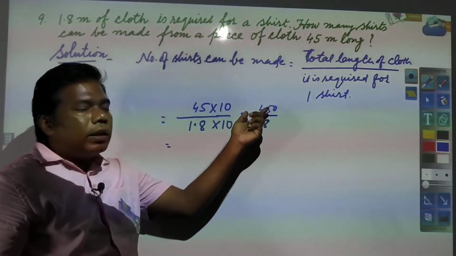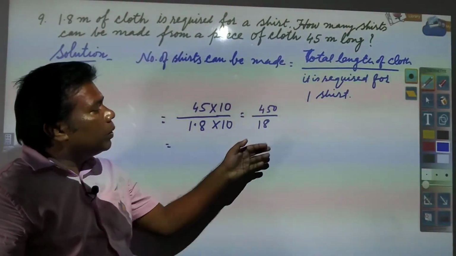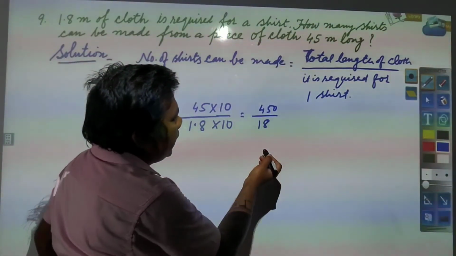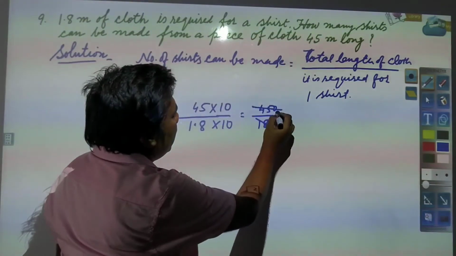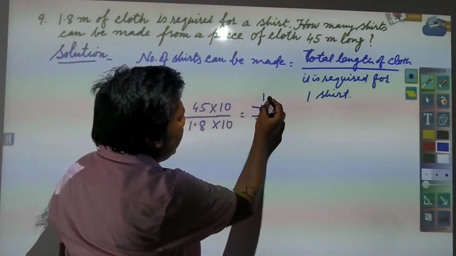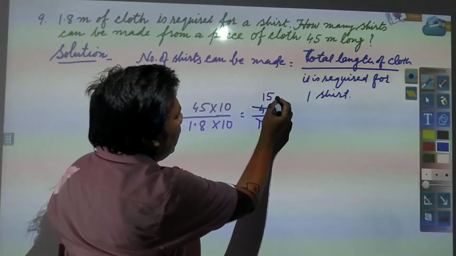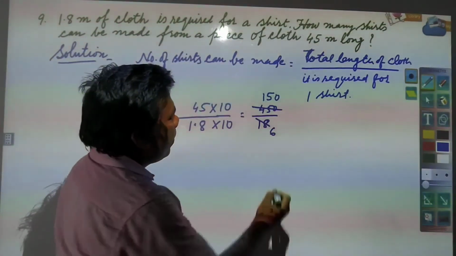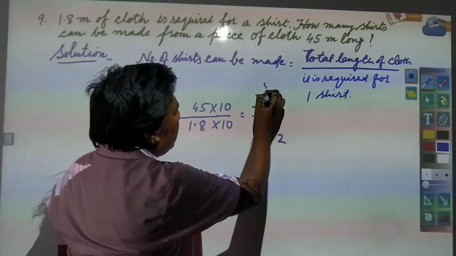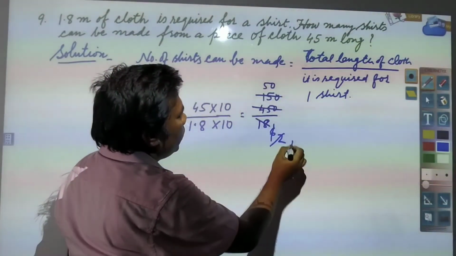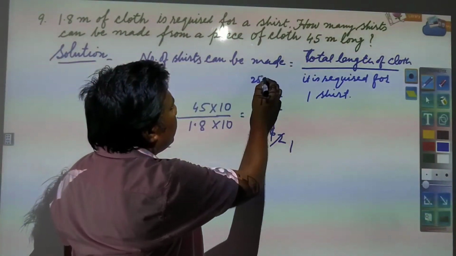You can cancel if you want, otherwise you can divide. It will be easier to cancel. Here you see, 3 6s are 18, 3 1s are 3, 3 5s are 15, and 3 0s are 0. 3 2s are 6, 3 5s are 15 and 0, 2 1s are 2, and this will be 25.